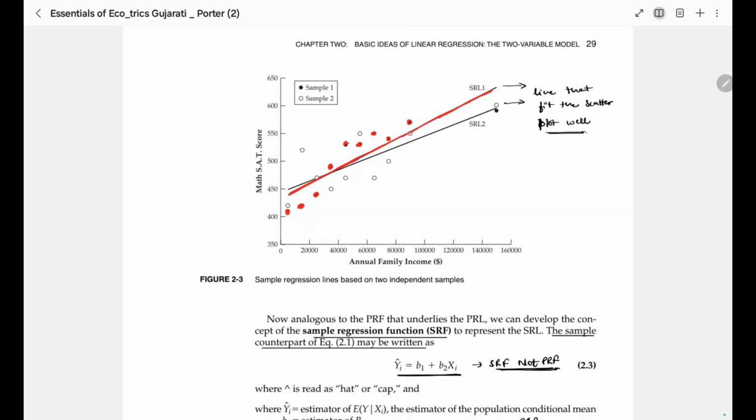Nowadays these things are mostly done by computers, using different apps and programming languages. We can get this easily in Excel also: you click the option of fitting a line on your scatter plot and you get the line.